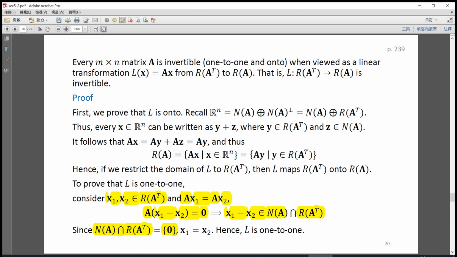Hence, x1 minus x2 must be equal to the 0 vector, and hence x1 equals x2, and L is a 1 to 1 function, and the proof of this remark is finished.